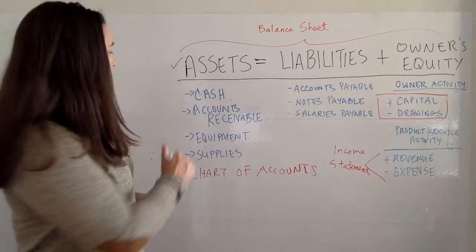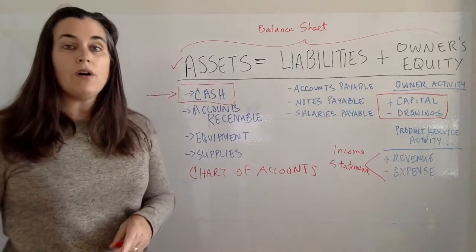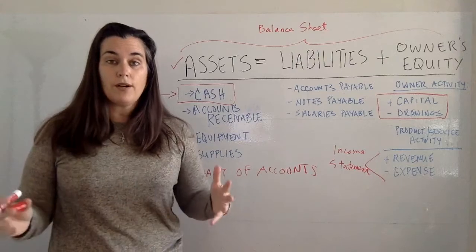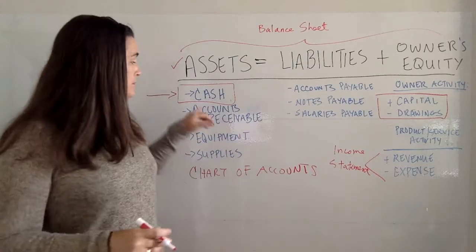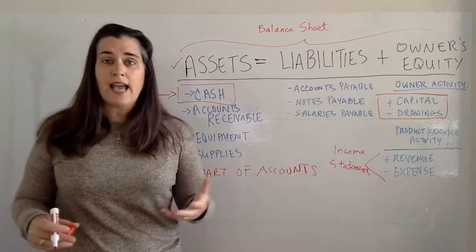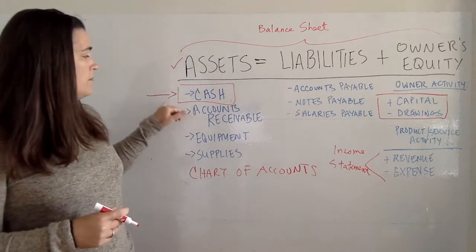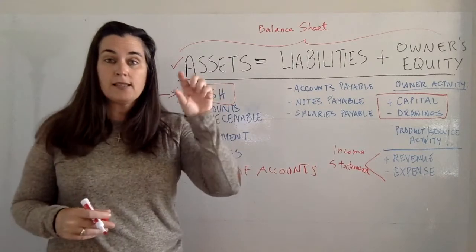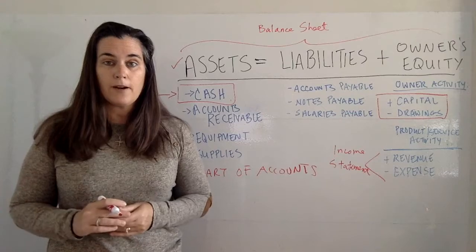Finally, we're going to be looking at something called the statement of cash flows, which is a very detailed look into how our cash changed over the period of time, over the year or over the month. And we're going to see that cash can be used in different ways. And again, the rules tell us to bucket cash in 3 distinct buckets on the statement of cash flows. So that's going to be part of what we look at there.